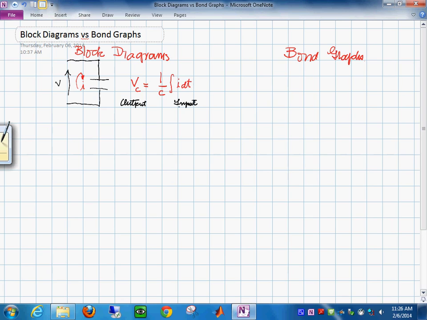Okay. So if we represent this in a block diagram, we have to represent the input and the output. However, I am going to use deliberately some new words. I'm going to call this the action, and this I'm going to call the reaction.